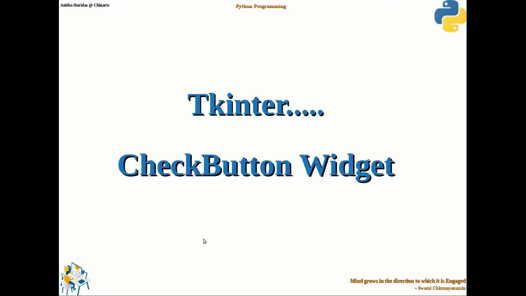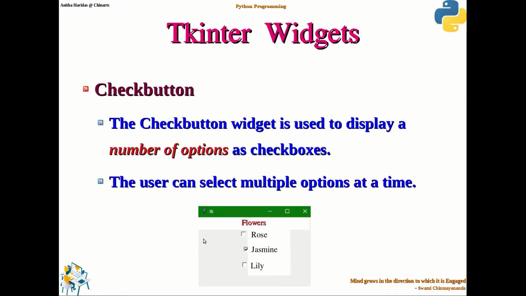Now the next widget that we are going to discuss is the check button widget. You know what is a check button? You are already experienced creating a check button. The check button widget is used to display a number of options as check boxes. This is what you call the check box. You might have seen a small square here which can be checked and unchecked based on the options the user is going to select.